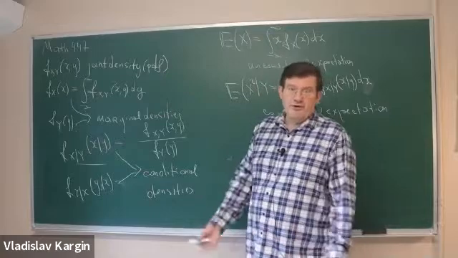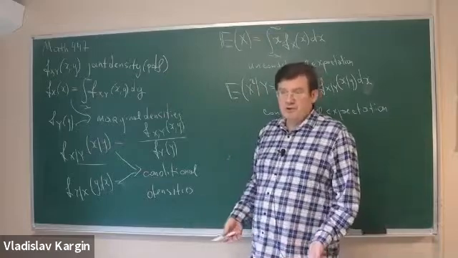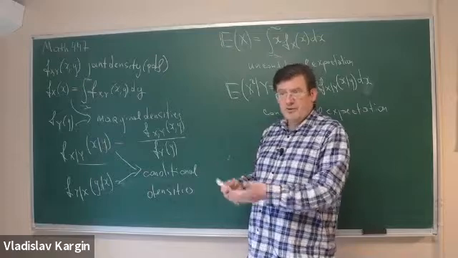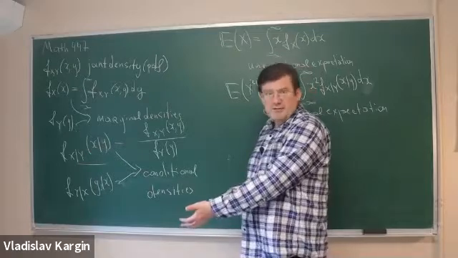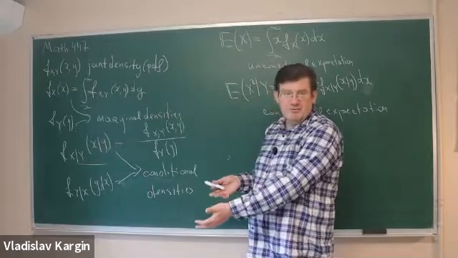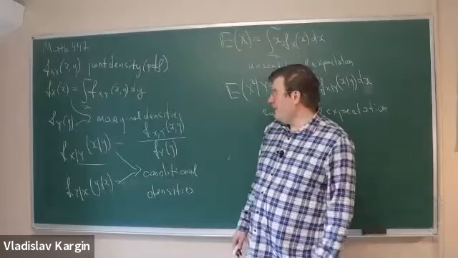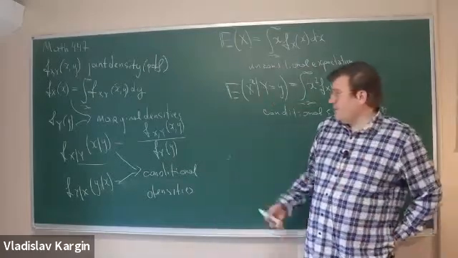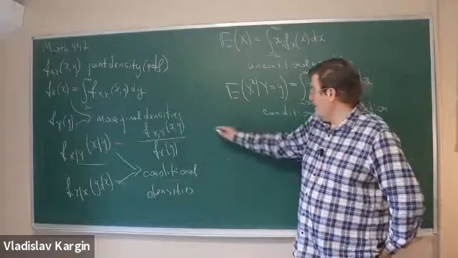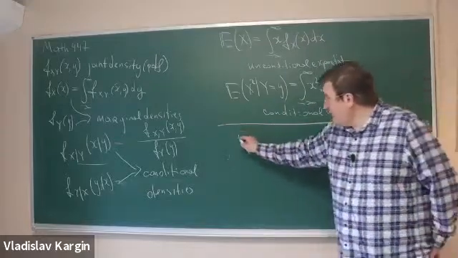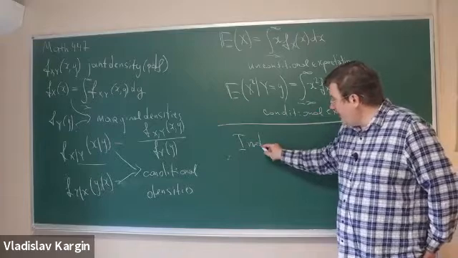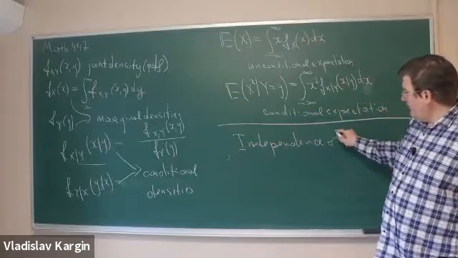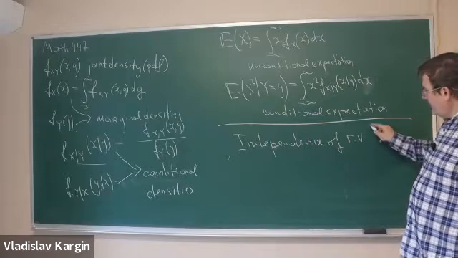Previously we learned that two random variables are independent if learning something about one random variable doesn't change the probability density of the other one. And same thing here. So this is the first new topic, independence of random variables x and y.